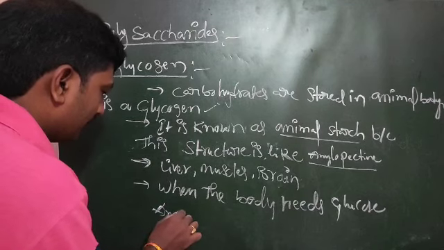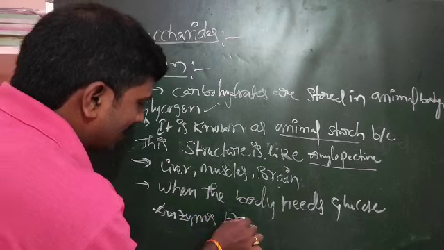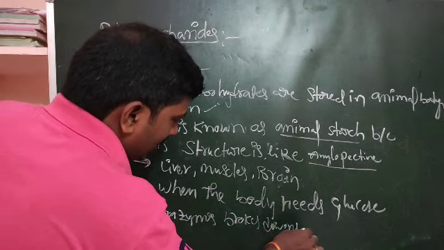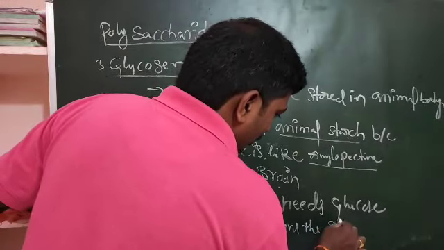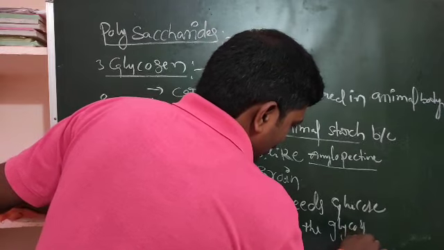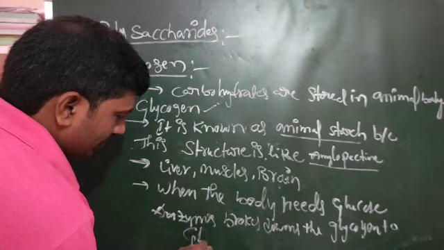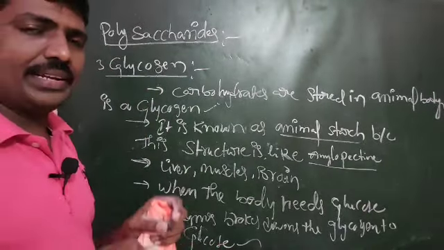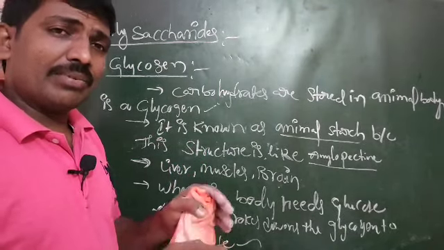Enzymes break down the glycogen to glucose. When the body needs glucose, glycogen is converted into glucose.